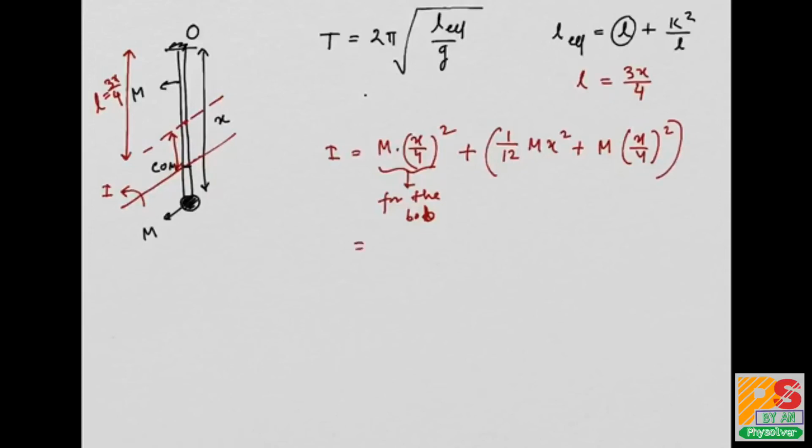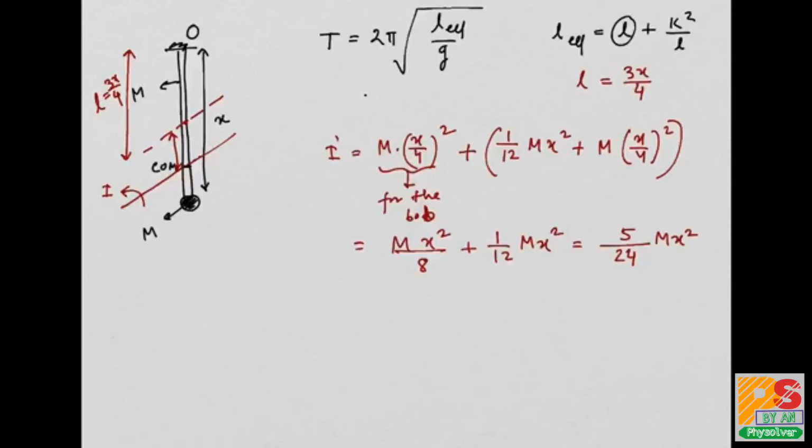If we do that, it will be mx square by 16 plus mx square by 8 plus 1 by 12 mx square, which is 5 mx square by 24, right?